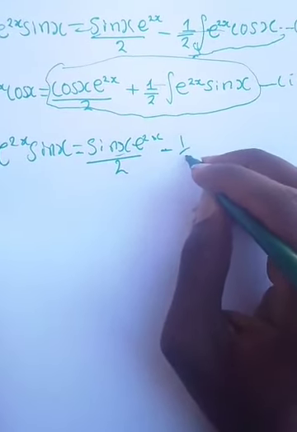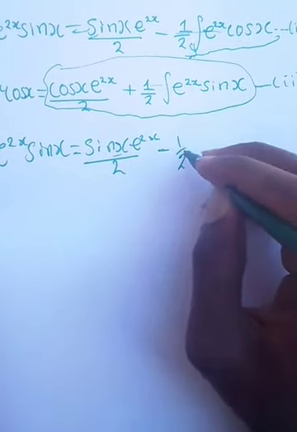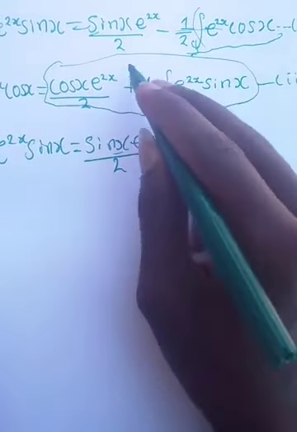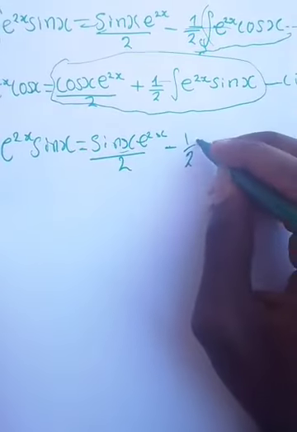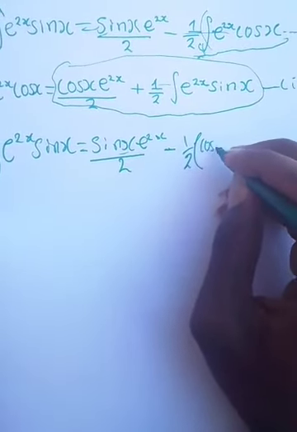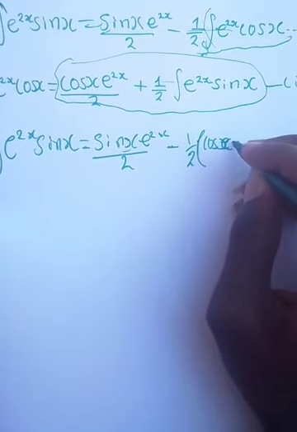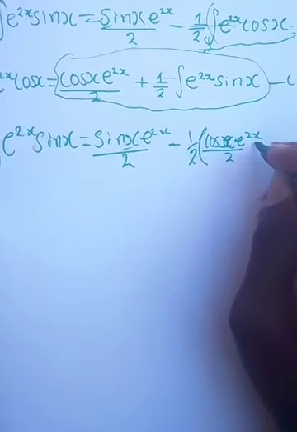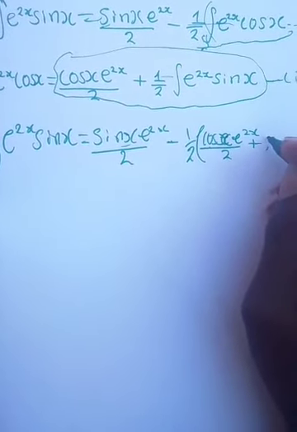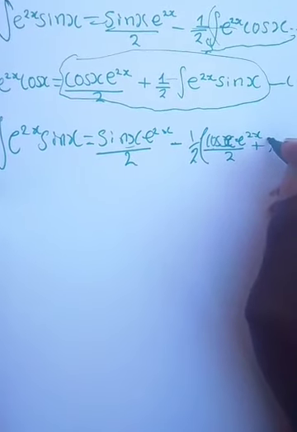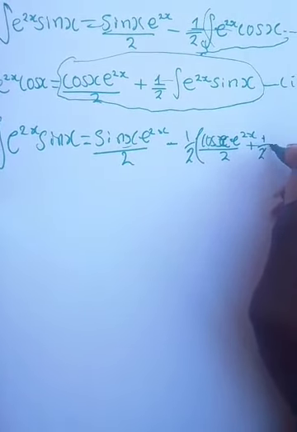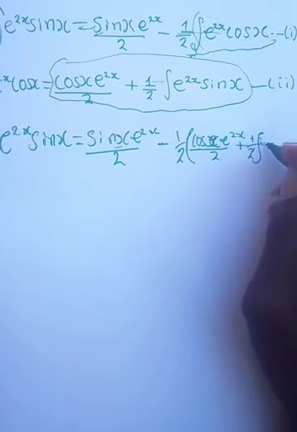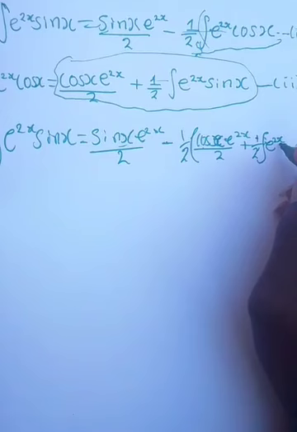Now here I have to substitute what I've just gotten, the whole thing here. So it's going to be times cos x e^(2x) over 2 plus 1 over 2 integral e^(2x) sin x.